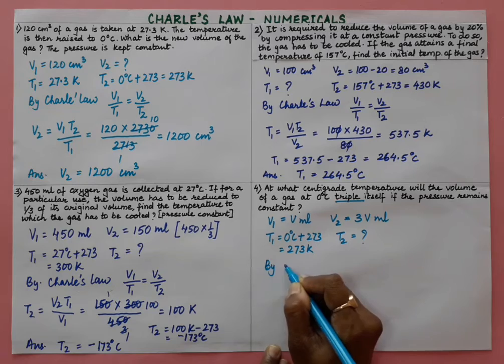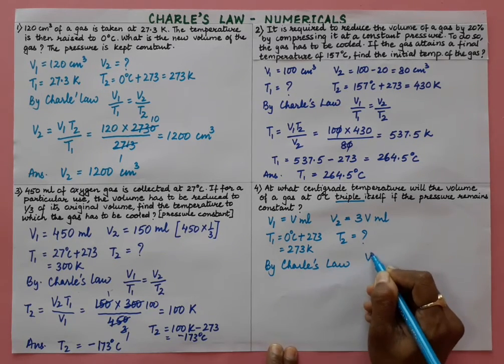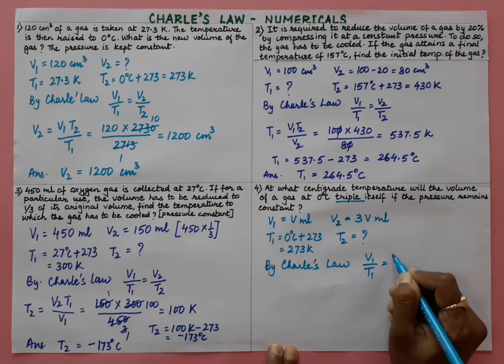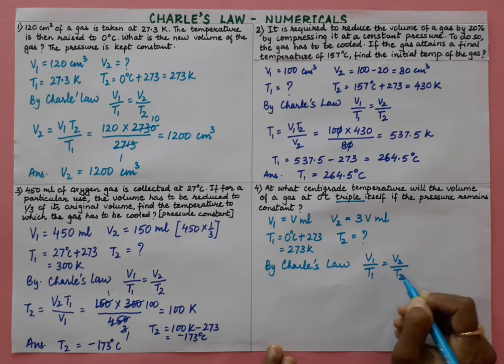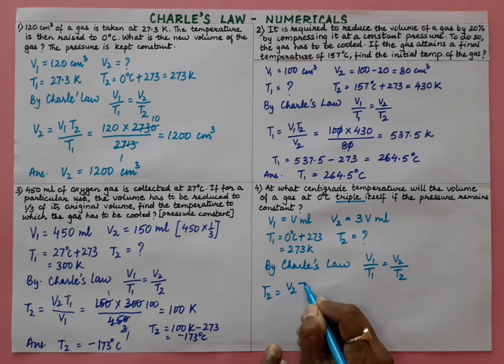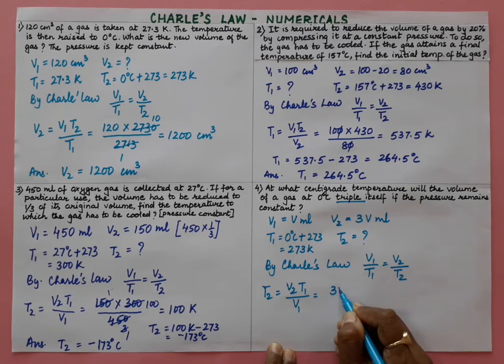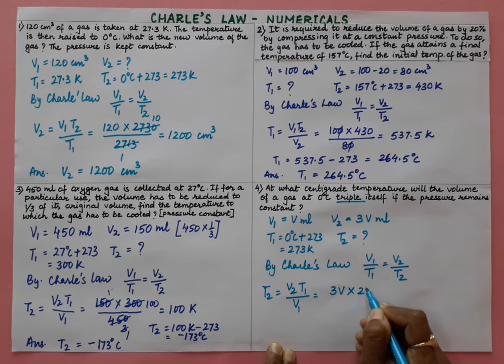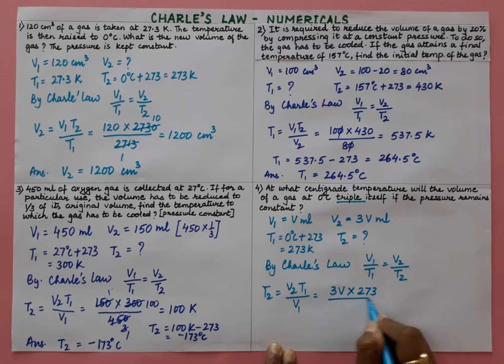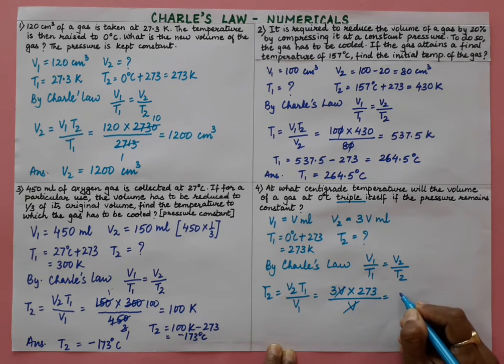By Charles' law, V1 upon T1 is equal to V2 upon T2. The formula for T2 is V2 T1 upon V1. V2 is 3V, T1 is 273, and V1 is V. Cancel V, and you get 3 into 273, which is 819 Kelvin.